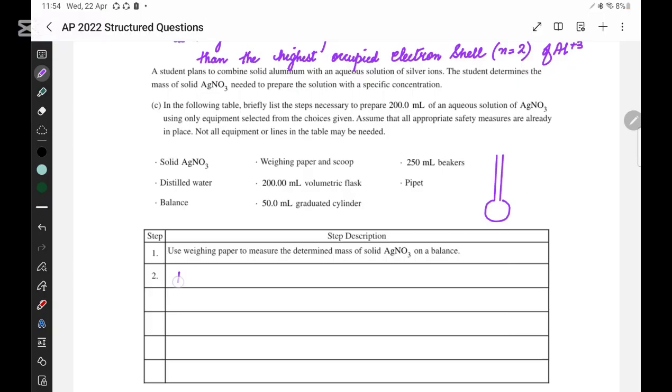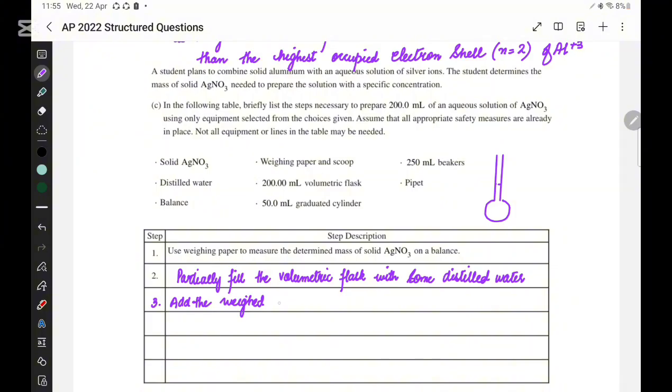Afterwards, before that, you are going to partially fill the volumetric flask with some distilled water, and then add the AgNO3 that you have weighed.